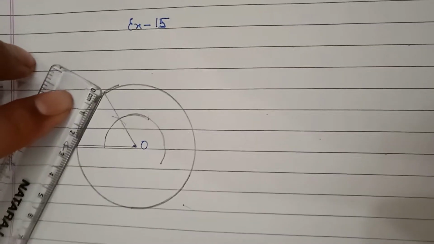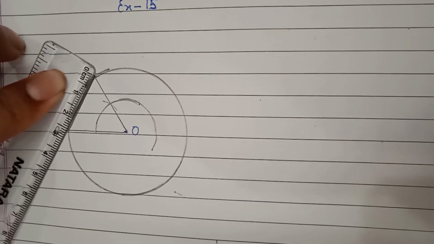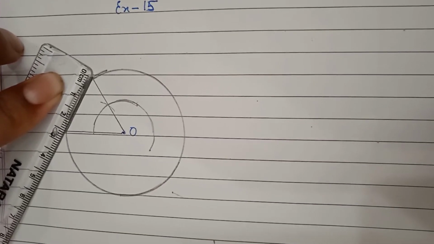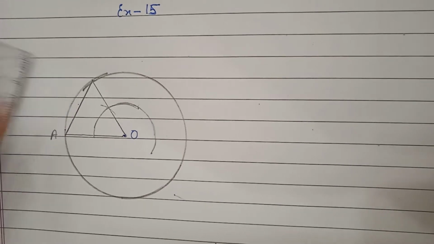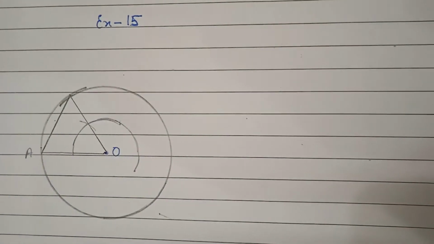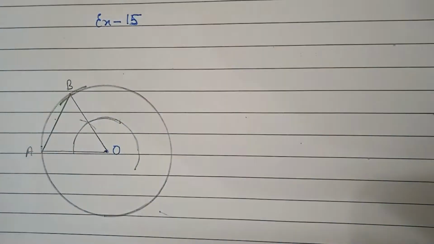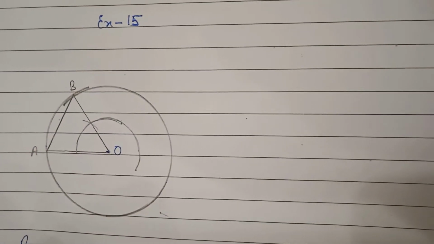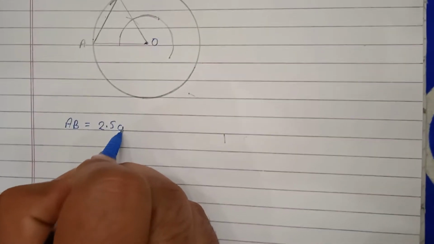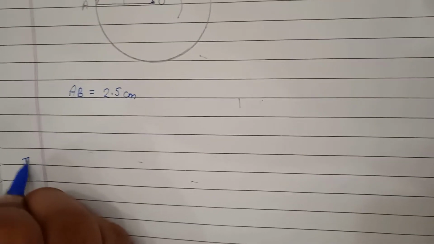Now we will measure the length of the chord, and the length of the chord is also 2.5 centimeter. So we will first mark this B, and AB equals 2.5 centimeter. Now we will move to our second question.